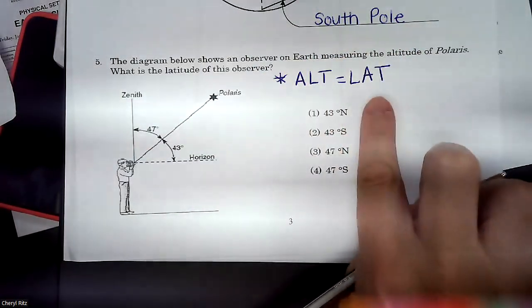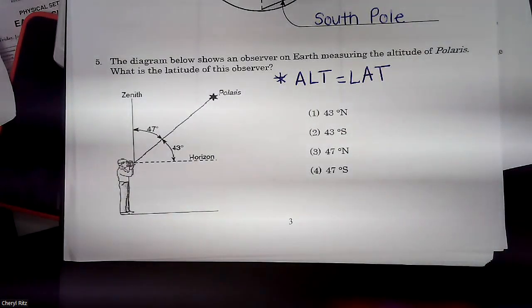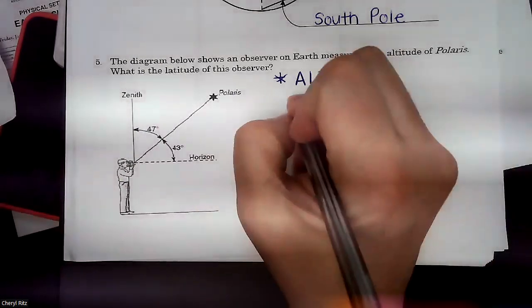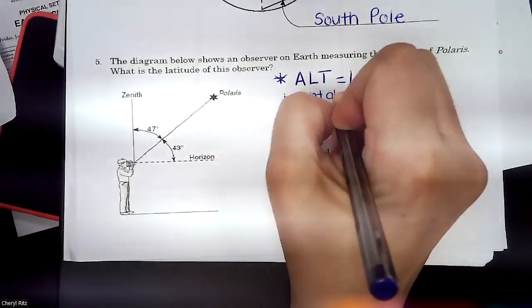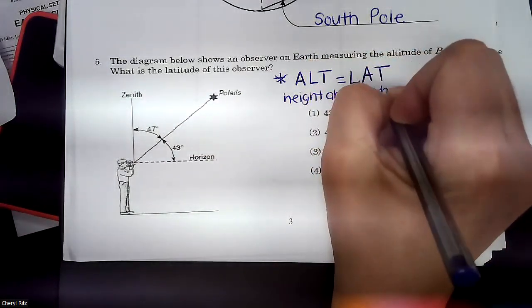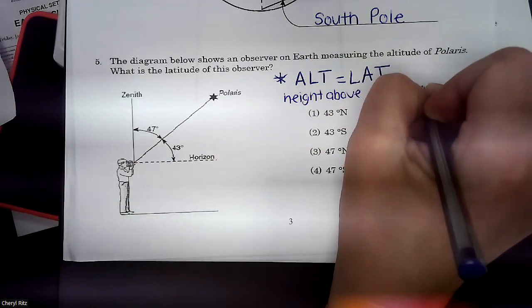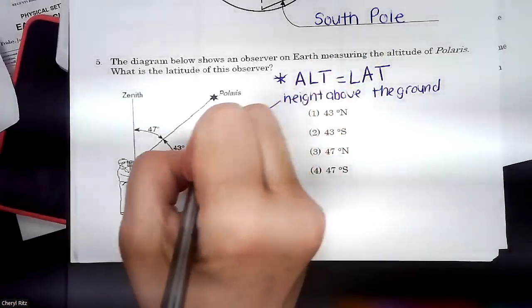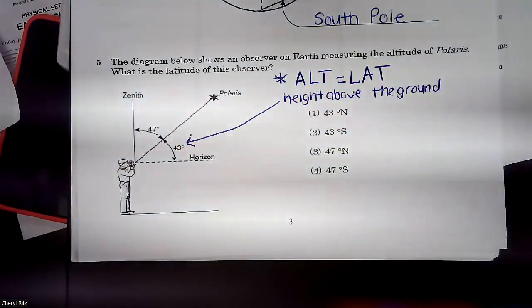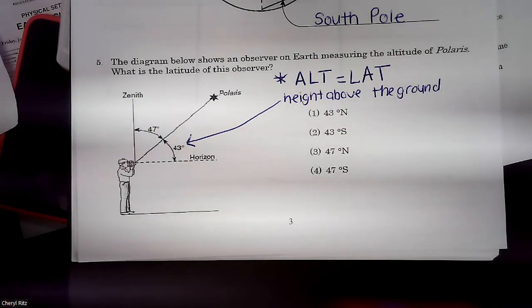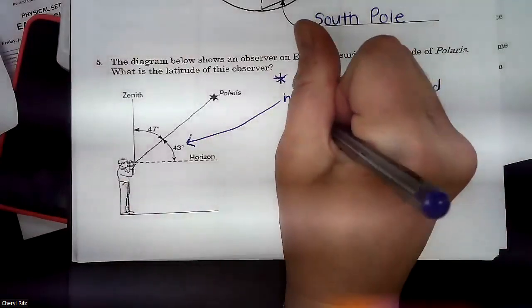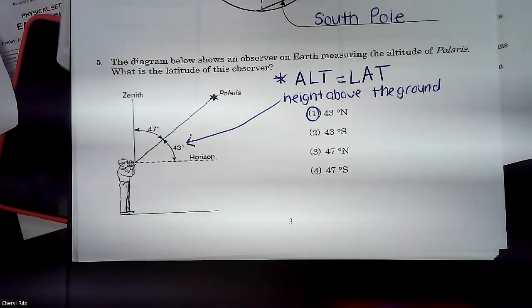Altitude of Polaris equals your latitude. So quick reminder, which one of these numbers is showing you the altitude? Okay, this is the height above the ground in an angle. That's this guy right there. So is the answer 43 degrees north or 43 degrees south? North. It's only in the northern hemisphere.